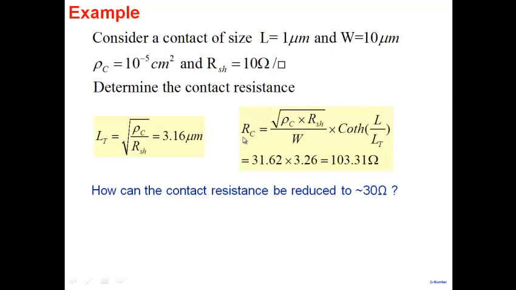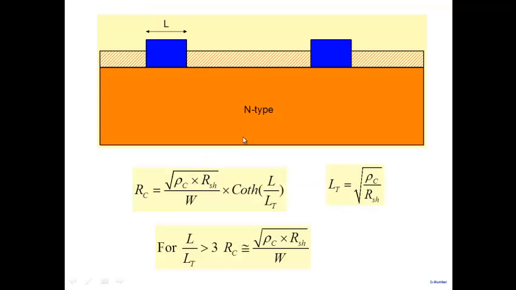So what is the strategy then? You want 10 to the power 15 here to make a resistor, but you don't want the resistance associated with the contact to be high.